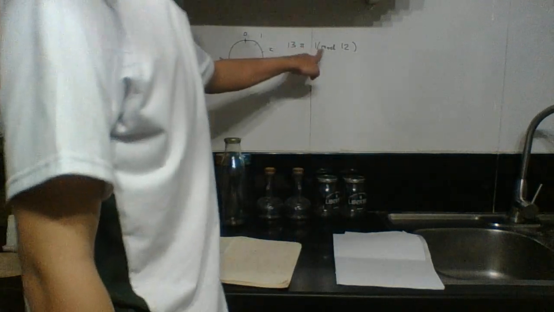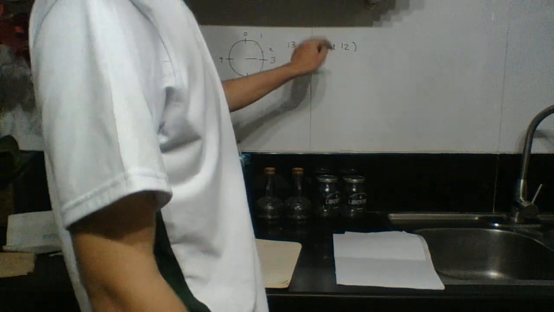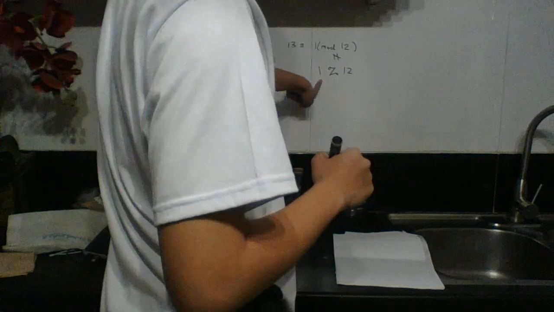And we enclose this in parentheses because we don't want to confuse this with the modulo operator, which is not equal to this.